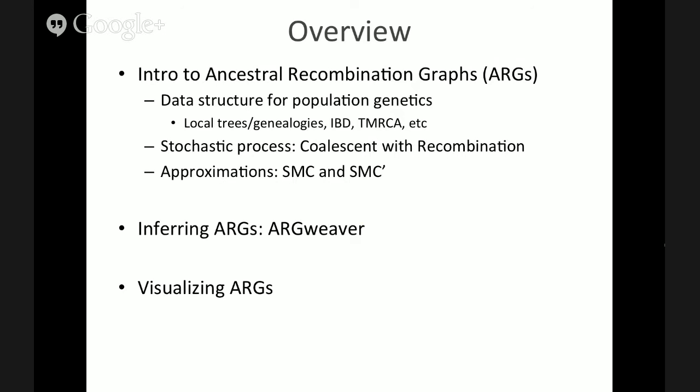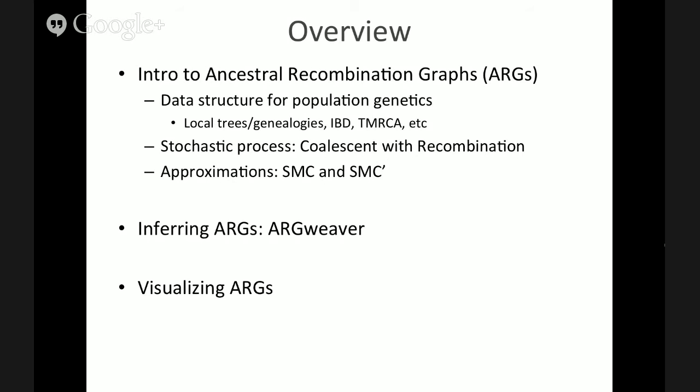So understanding the ARG very well can give us power for inferring all of these different summary statistics that people are interested in. I'll also review the most common stochastic process that people think about when they think about ARGs and distributions of ARGs. It's called the coalescent with recombination.